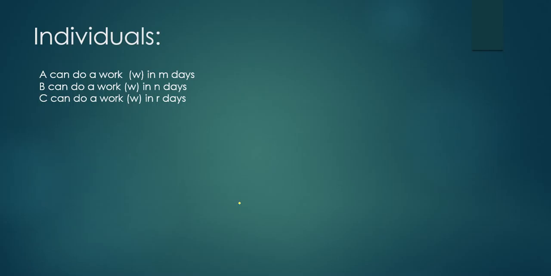So, coming to individuals, A can do a work in M days, B can do a work in N days, and C can do the work in R days. It means if A takes M days to complete a work, in one day how much part of the work will he do? A's 1 day work equals 1 by M. B is taking how many days to complete the work?